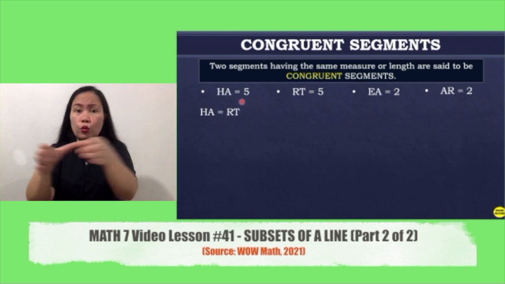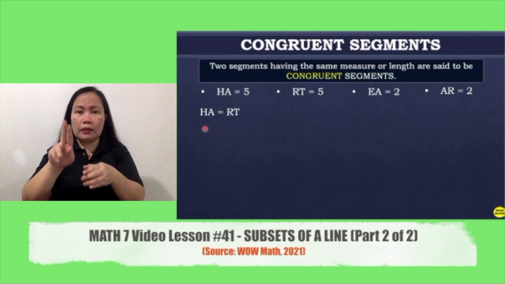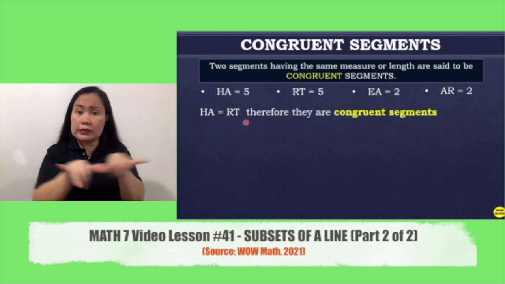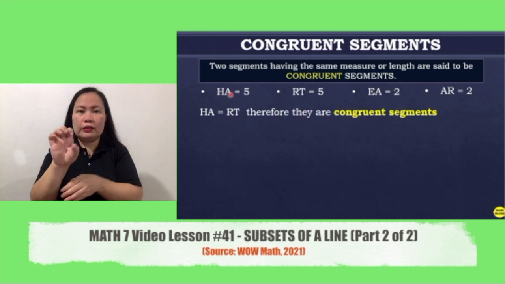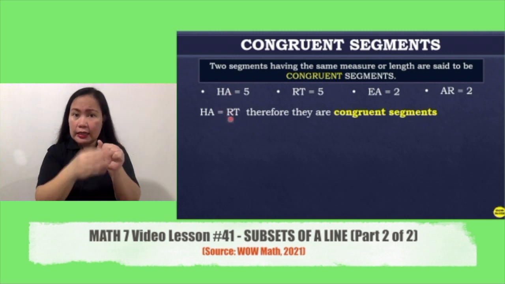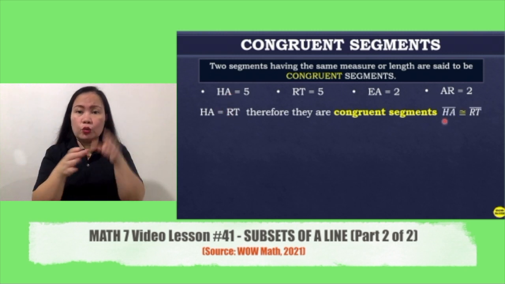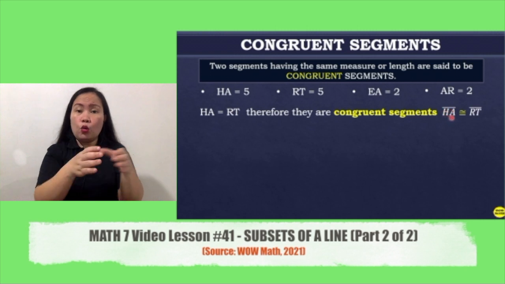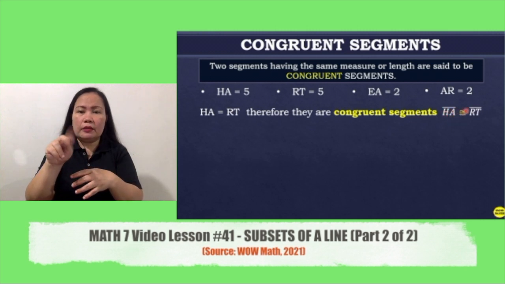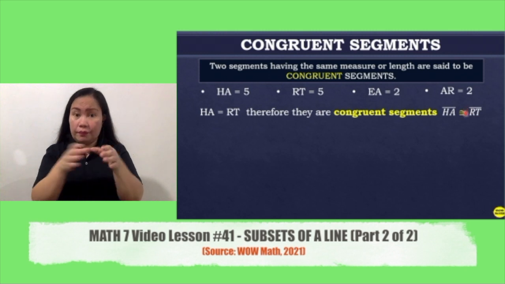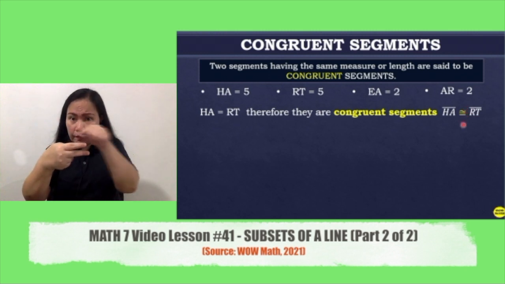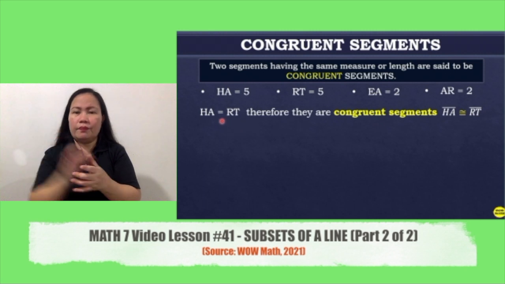So, since same measure ito and they are equal, therefore, they are congruent segments. So, si HA and RT, since they are equal, we can say that line segment HA is congruent to line segment RT. Okay? Okay, so as you can see, nagpalit tayo ng symbol.